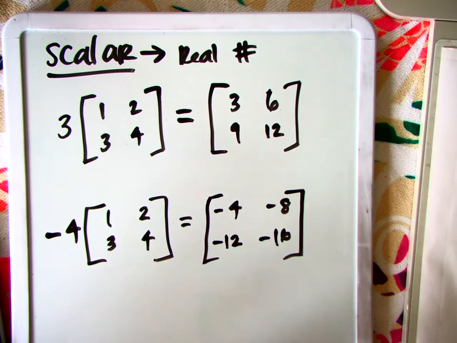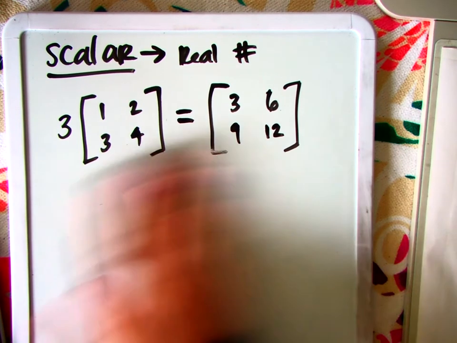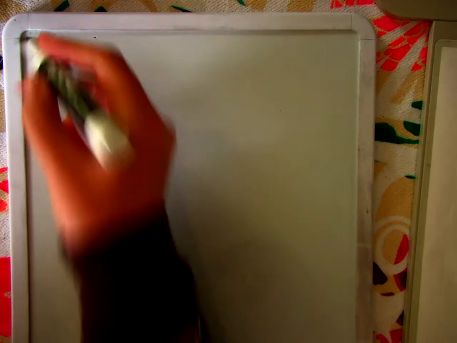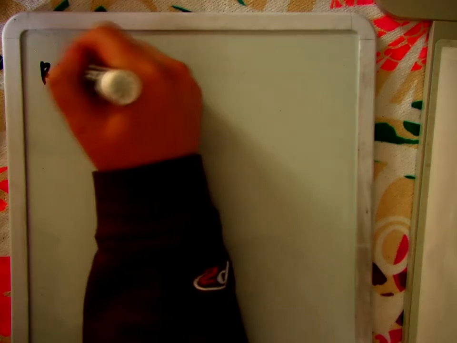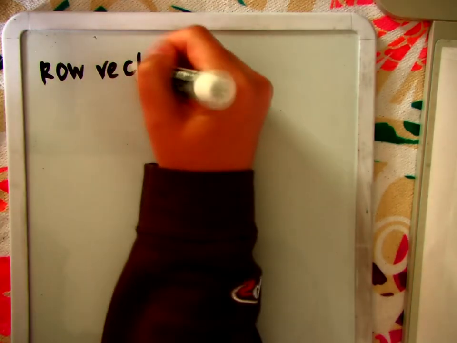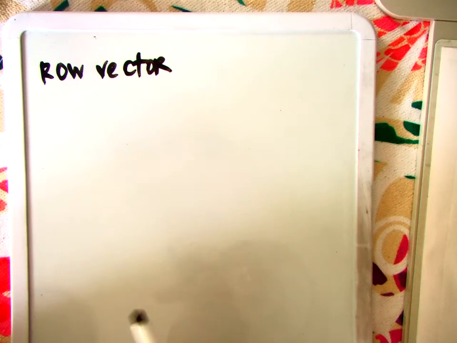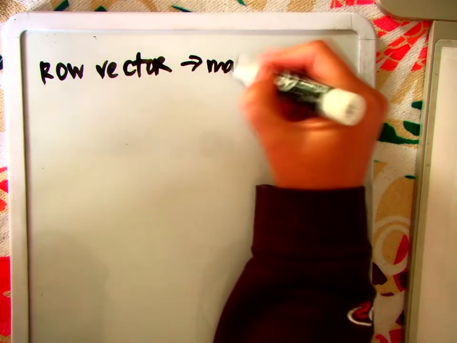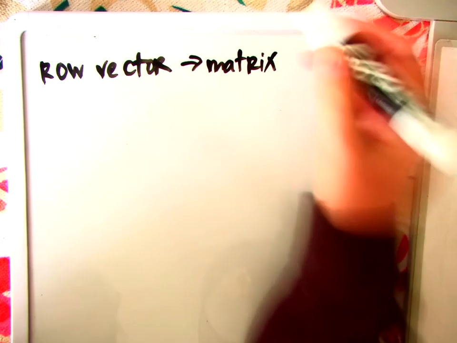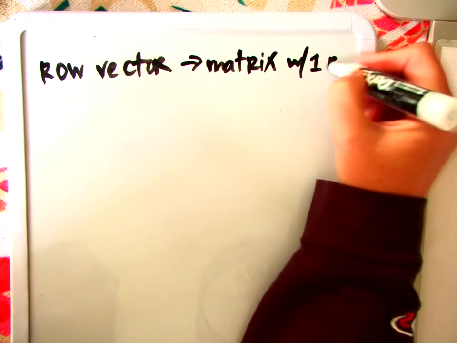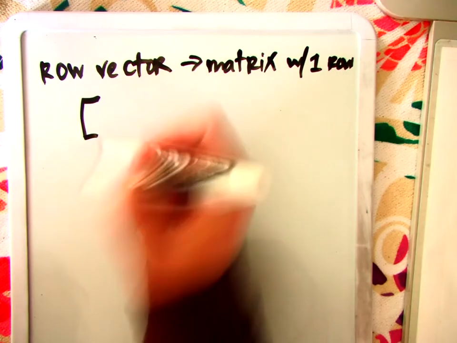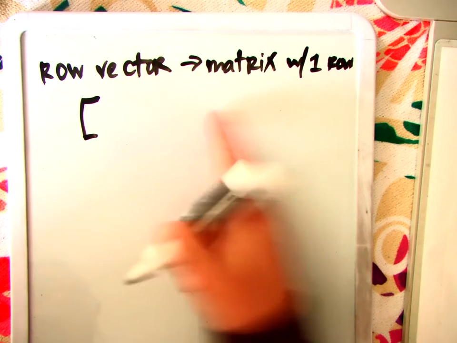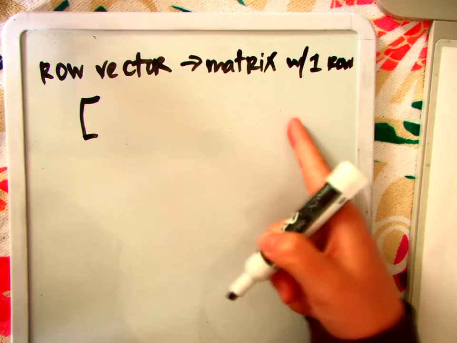So before we get into matrix multiplication, I want to talk about just a couple definitions. The first one is going to be a row vector. So a row vector is very simply just a matrix with a single row. So an example of that is just one row. It doesn't matter how many columns it has or how many entries are in it, it's only allowed to have one row.